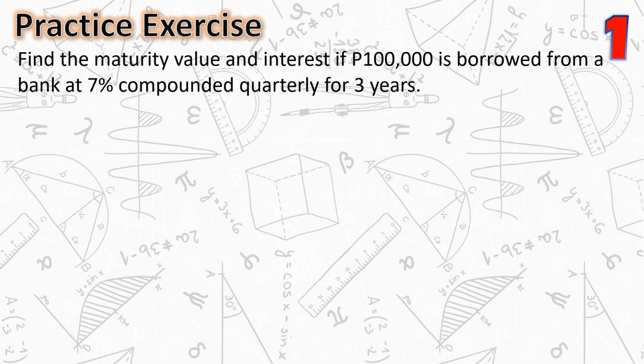Again, you may use your calculator for the computation and round off your answer to 2 decimal places. Let us begin with practice exercise number 1. Find the maturity value and interest if 100,000 pesos is borrowed from a bank at 7% compounded quarterly for 3 years. Go!